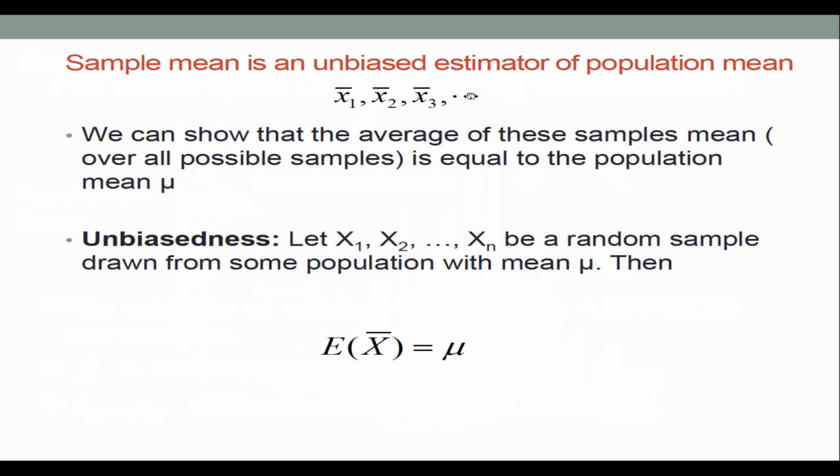So if you draw many samples, and for each sample you calculate the sample mean, and you take the average of them, if the number of samples is really large, this is going to be very close to the true population mean. That means when you draw a random sample and calculate the sample mean, it should always be around the true population mean. Okay?